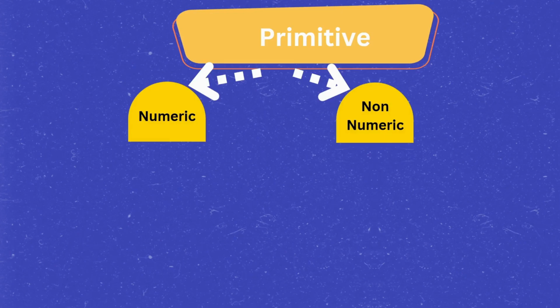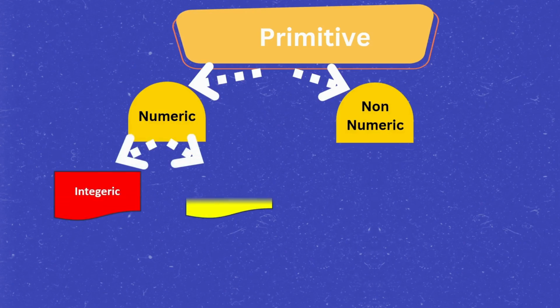These will be categorized into non-numeric. Under numeric we have integer and then we have decimal. Integer means you can store an integer value which is 1, 2, 3, 4 till infinite without a decimal value. If you want to store a decimal kind of value or data, say 1.1, 1.2, then there is a data type for decimal.